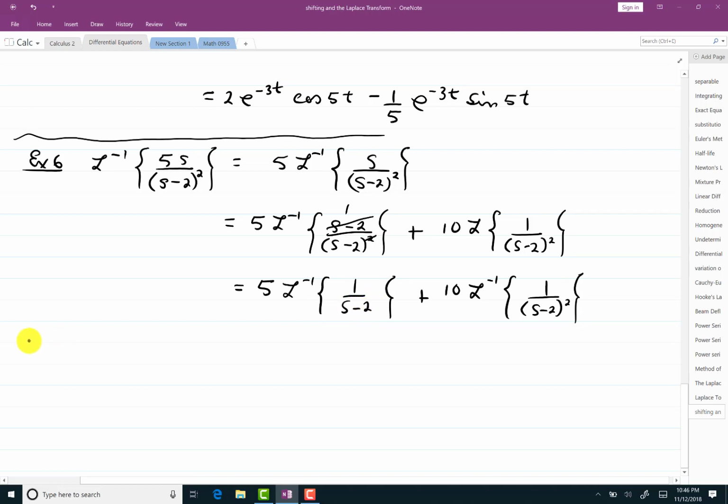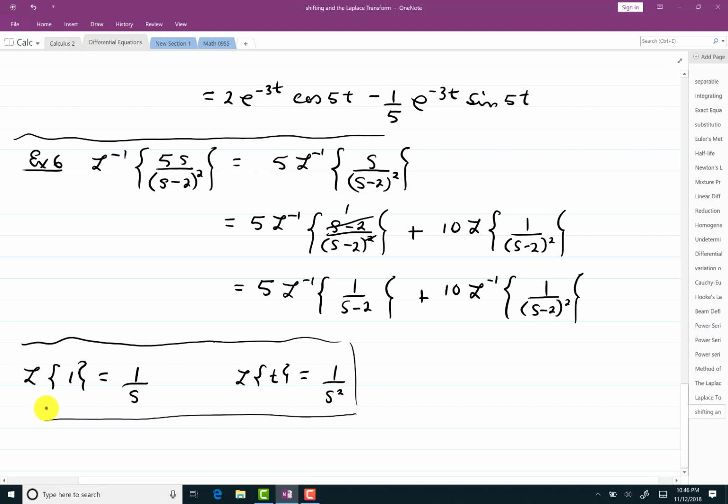Now, let's recall a couple of things that we had here. The Laplace transform of the number 1 equals 1 over s. And the Laplace transform of t equals 1 over s squared. So in this problem here, they're just shifted to the right 2 units. Both of these can be read directly from that. Here, the 1 is not a big deal, but I will have an e to the 2t attached to it.